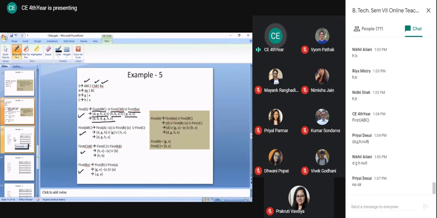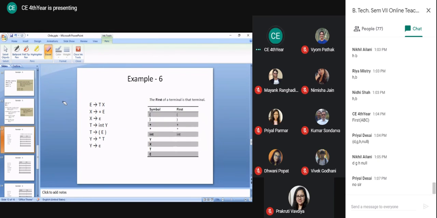So now let us see one more interesting example to understand this process, because this is the main criteria for calculation of the predictive parsing table. Now here we have to calculate first of non-terminal E, then first of X, first of T, and first of Y. For terminal symbols it is straightforward.